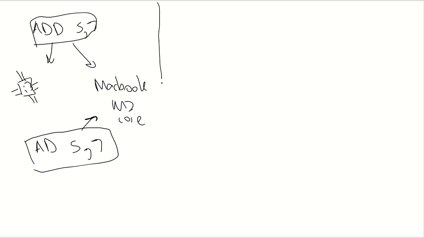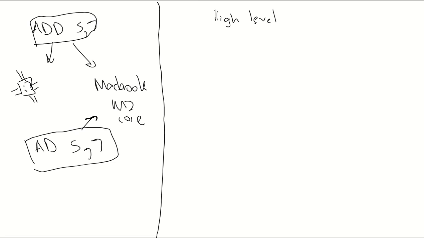So to solve these problems, we created another kind of language. It's called high level language. Examples of high level languages are Java, Python, PHP, and a lot more.